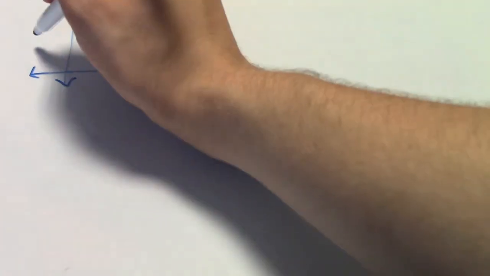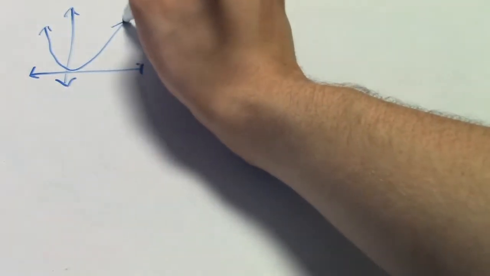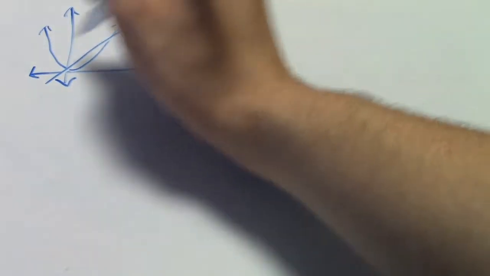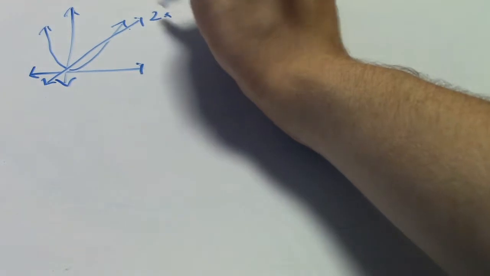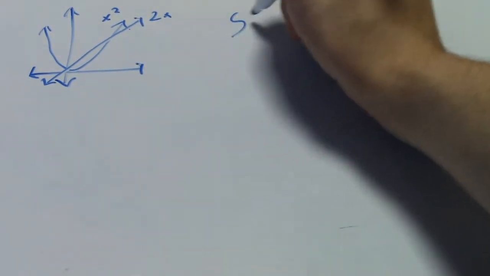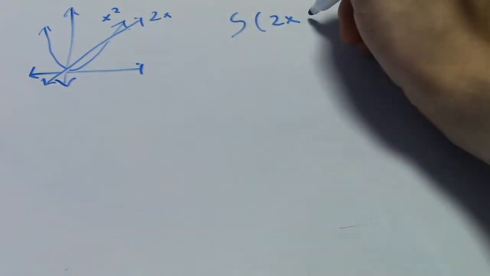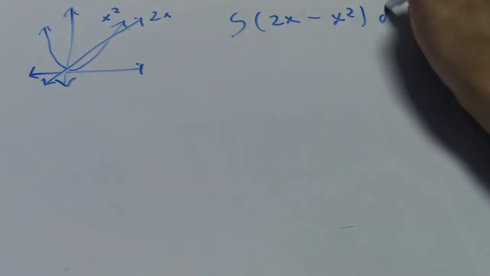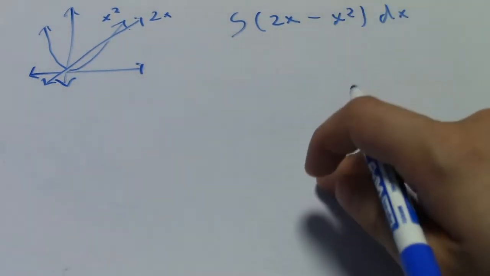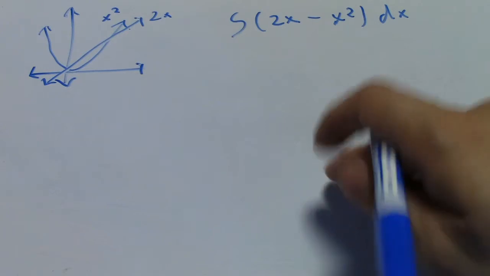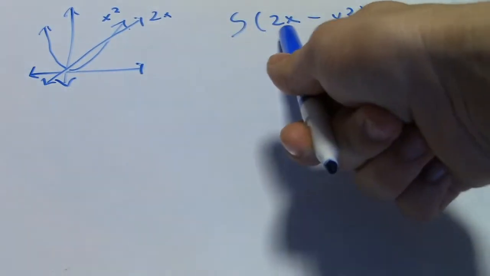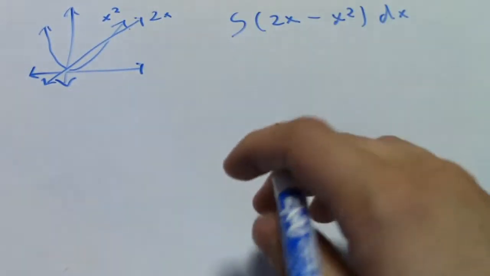Now, as an example, I'm going to find the area between the curves x squared and 2x. So, to do that, we will have the integral of 2x, because it's on top, as you see here, minus x squared, with respect to x. Now, the first thing we need to do is find where these two intersect to find our limits.